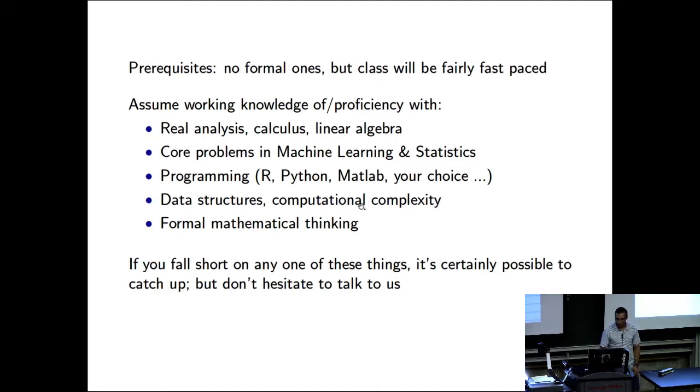So one thing that we're going to assume that you are familiar with is what are the core problems that we are interested in machine learning and statistics. So as an example, things like support vector machines, things like the lasso, etc. These are things that have a very interesting optimization component to them that we'll talk about in detail throughout the course. But we're not going to provide a ton of motivation for why you should care about support vector machines or why you should care about the lasso.